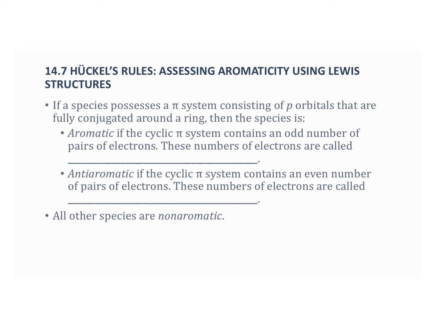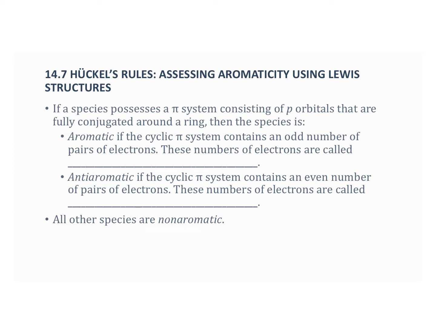Those numbers of electrons are called Huckel numbers. It is anti-aromatic if the cyclic pi system contains an even number of pairs of electrons. These numbers are called anti-Huckel numbers.